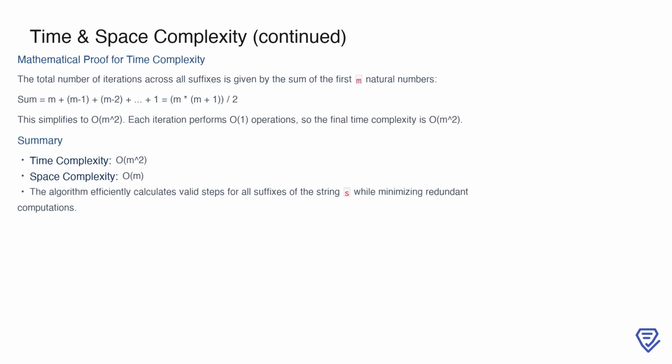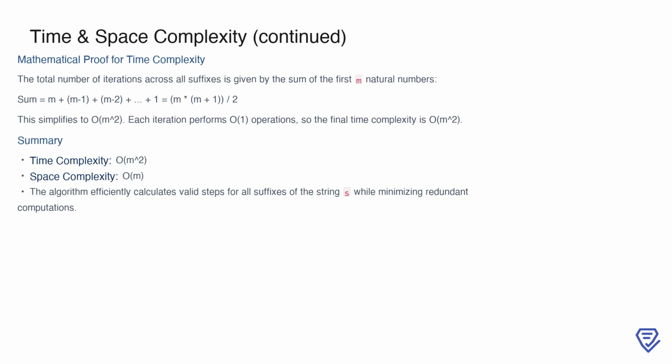Finally, let's mathematically verify the time complexity. The total number of iterations across all suffixes is given by the sum of the first m natural numbers, m plus m-1 plus m-2 plus ... plus 1. This sum simplifies to m * (m + 1) / 2, which grows as O(m squared).